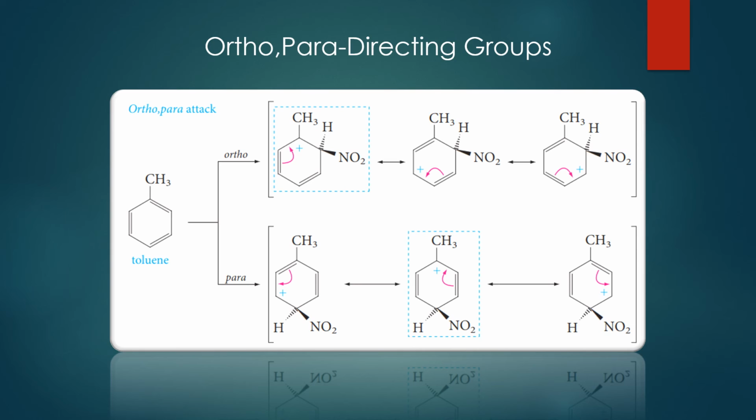In two of the three resonance contributors to the benzenonium ion intermediate for ortho or para substitution, shown in blue dashed boxes, the positive charge is on the methyl-bearing carbon. That contributor is a tertiary carbocation and more stable than the other contributors, which are secondary carbocations.